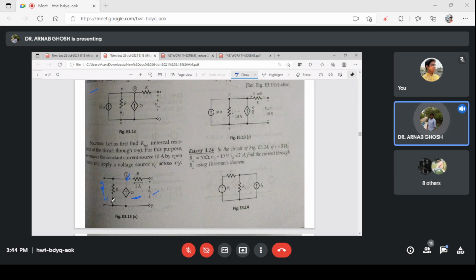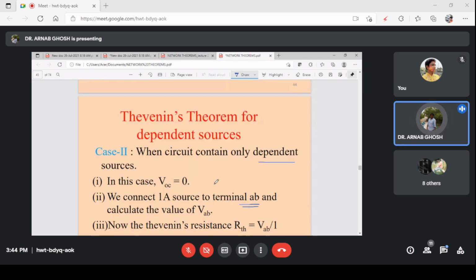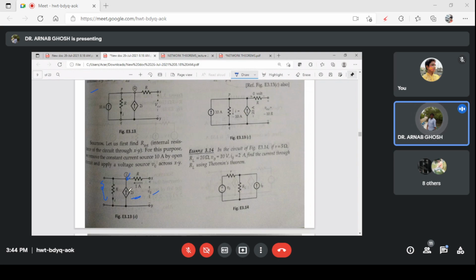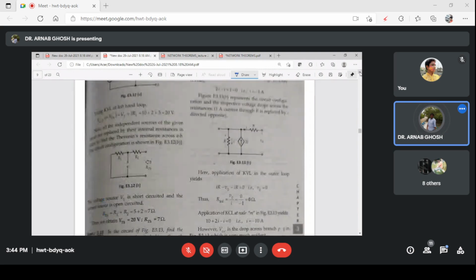So I1 is equal to I plus 1 ampere, I equals 2I plus 1 ampere. When the circuit contains only the 1 ampere source, we consider the current through R as 1 ampere. So I equals 2I plus 1 ampere. So your I is coming out to be minus 1.